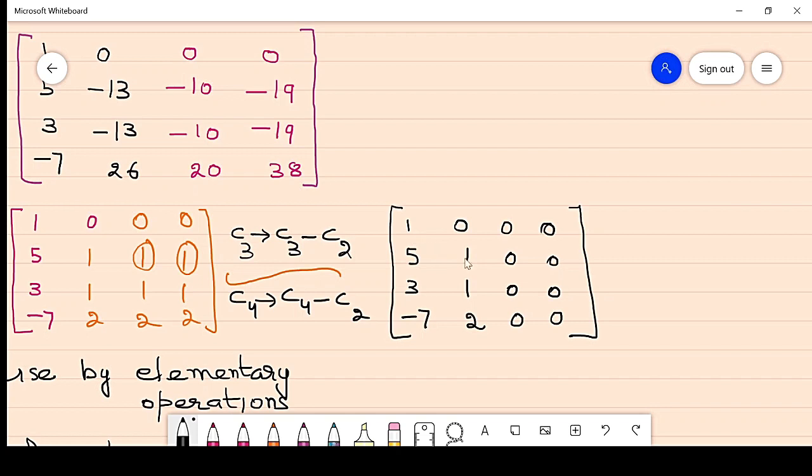Now check the diagonal entries: the upper part is 0. Now we will stop at this stage.